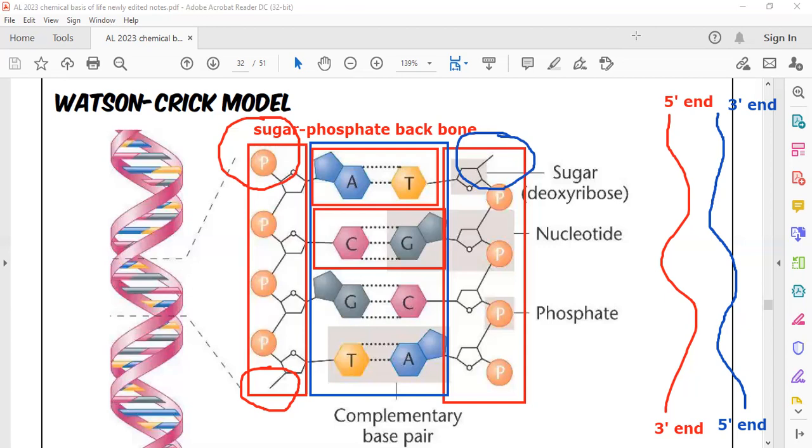That 60% belongs to whom? Guanine and cytosine. Do you agree guanine and cytosine are equal in number?